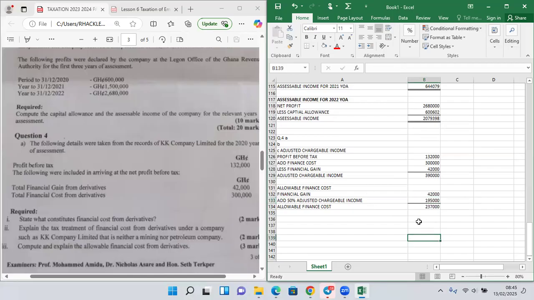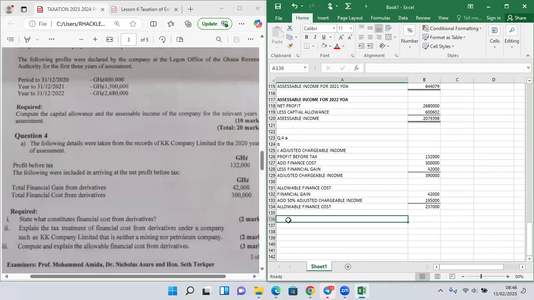Now, this is our allowable finance cost. And this was the actual finance cost. Right? So the allowable finance cost would be this. That's the figure that you are going to write. Allowable finance cost will be this.